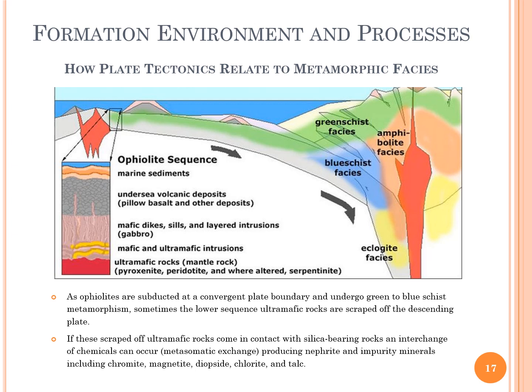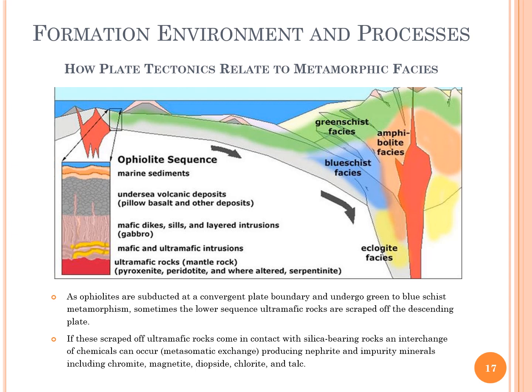go through this blueschist facies transformation, which part of which will begin to lead to, on rare occasions, the formation of jade. And as I mentioned down here in the last bullet point at the bottom of the slide, some of this ultramafic rock is scraped off, and some of the processes occurring besides the pressure and temperature of the blueschist facies can also occur by metasomatic exchange, basically fluid exchange that can occur at the same time.